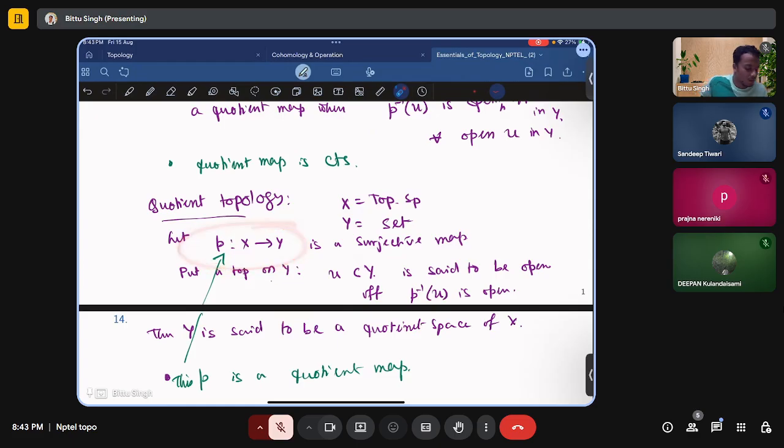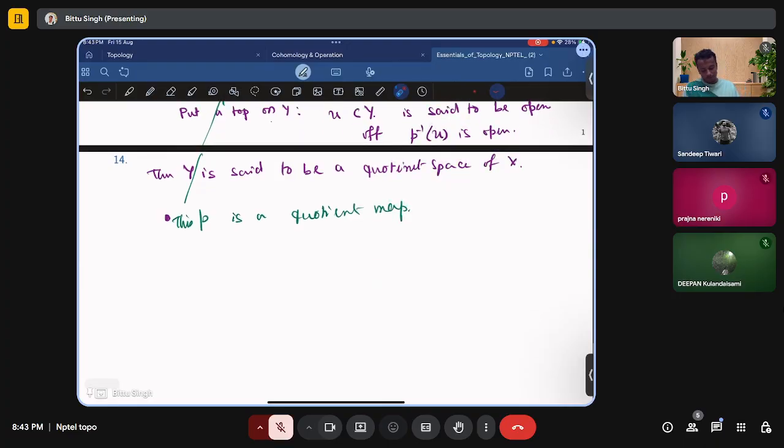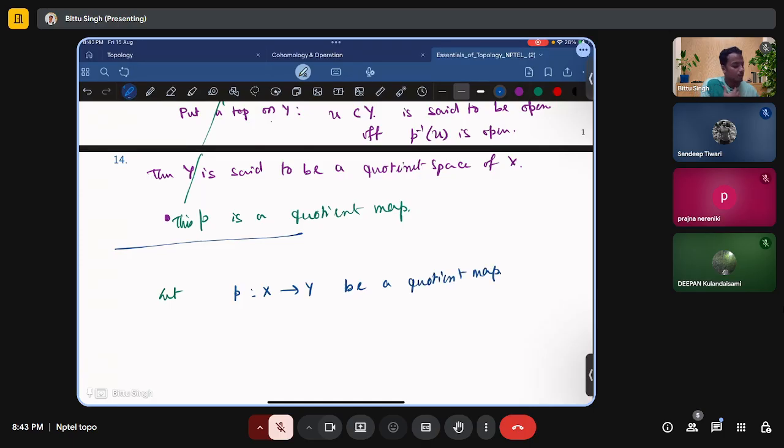Now, this idea gives a way to identify X modulo the relation. So how do you identify X modulo relation? So let me write that. Let P map X to Y be a quotient map, suppose this is the quotient map.